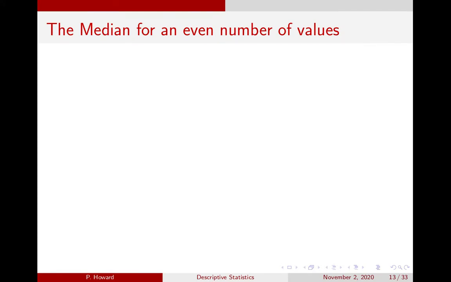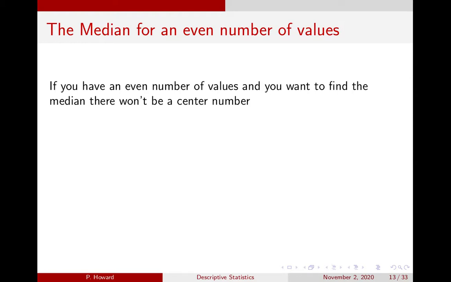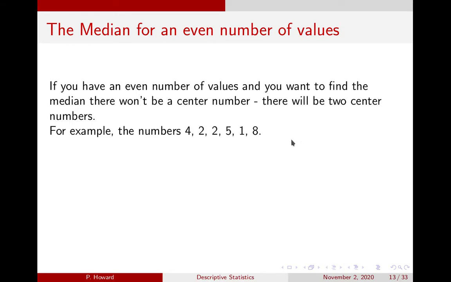Let's try one more median example. If you have an even number of data values and you want to find the median, there won't be a center number. There will be two center numbers. So for example, if we take the six numbers 4, 2, 2, 5, 1, 8 and put them in order, 1, 2, 2, 4, 5, 8.